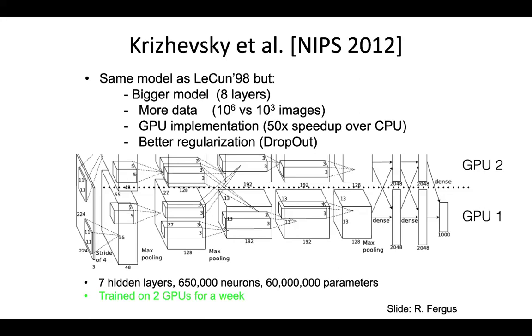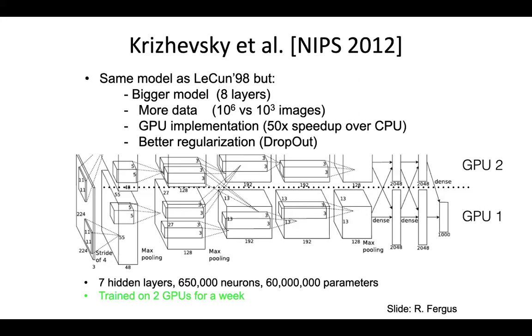And this was trained on these 2 GPUs and took some amount of time, but even that was reaching the limits of what's possible at the time. They wanted to really go to the limits. That's the reason they had to use 2 GPUs.